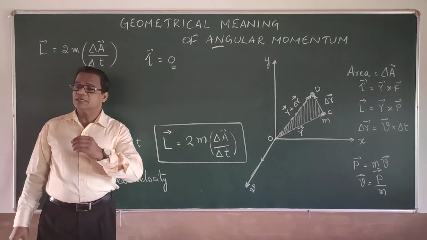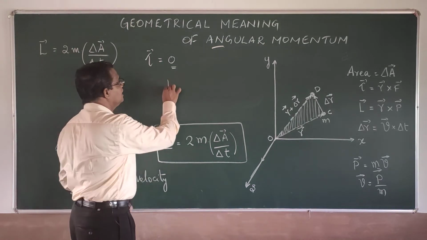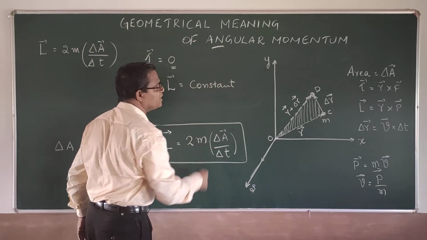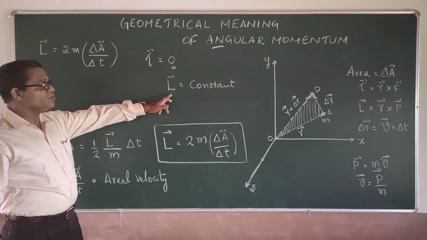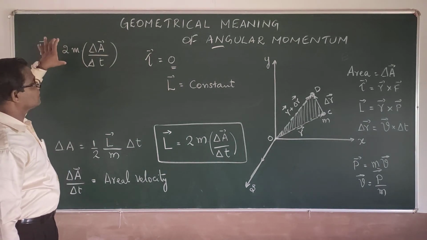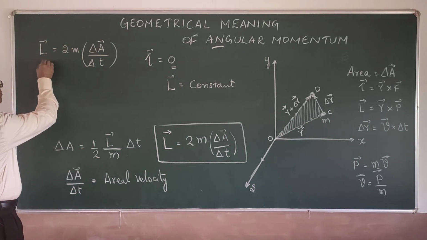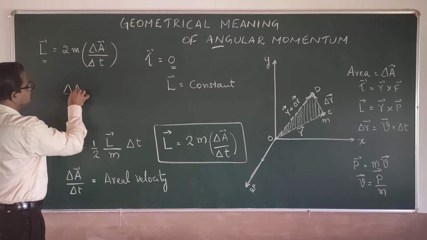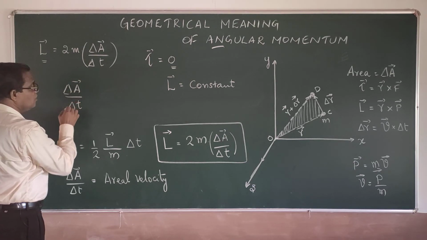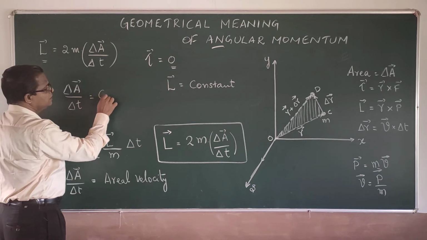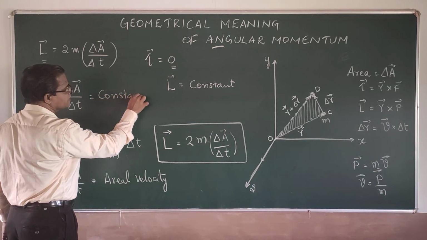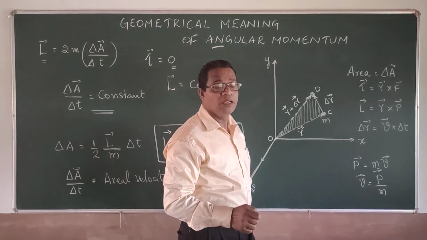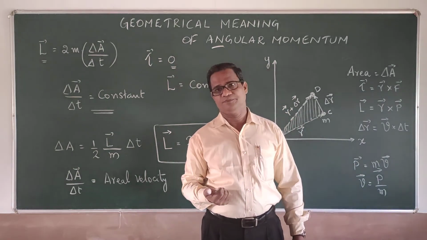If the torque is 0, the angular momentum L is constant. If the angular momentum of the planet remains constant, then the areal velocity delta A by delta t should remain constant, and this is what we define in the second law of Kepler.